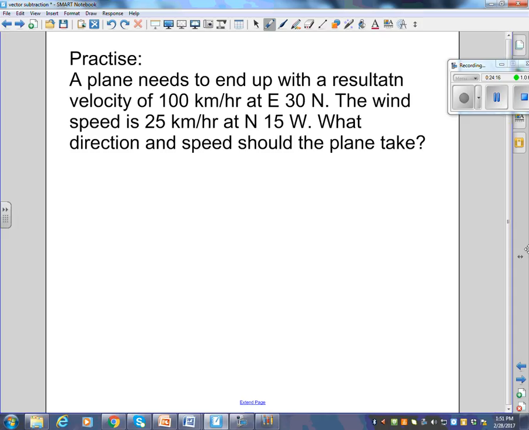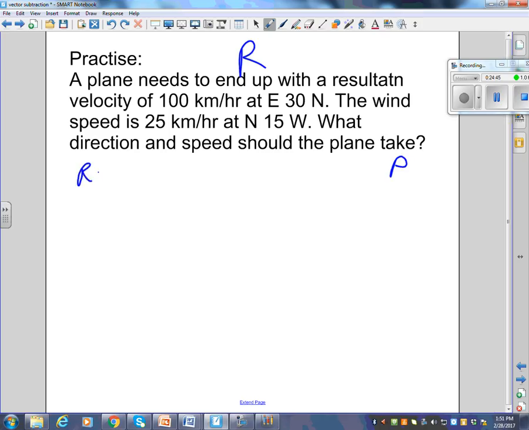A plane needs to end up with a resultant velocity of 100 kilometers an hour at east 30 north. So that is your R. The wind speed is 25 at north 15 west. What direction and speed should the plane take? We are solving for the P, the vector P. Now, I recommend you write this.